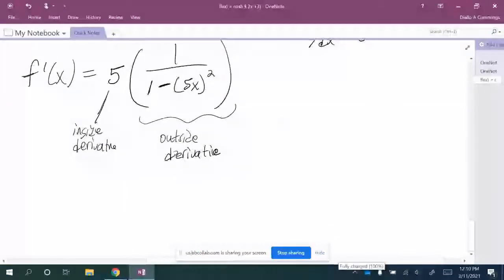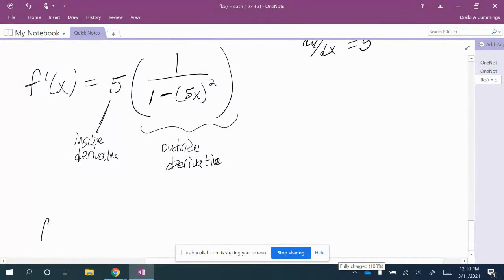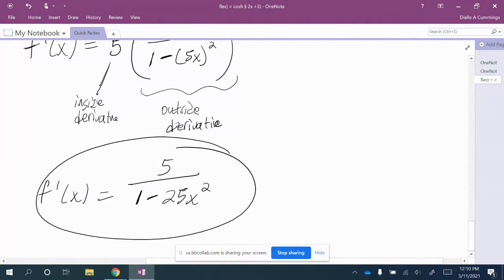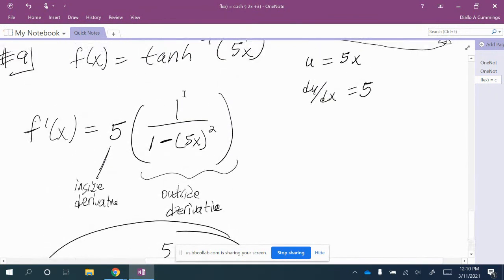Now if we combine these two things, we have 5 divided by 1 minus 25x squared. Since we are still taking a derivative, we take the derivative for the outermost and the derivative for the innermost.